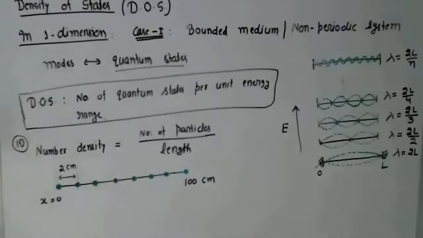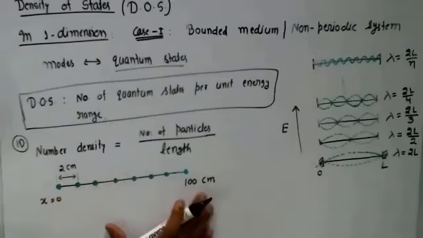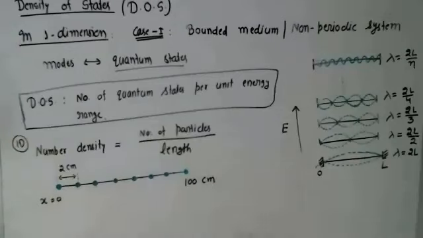I'm giving one analogy to understand. Write down the formula for the density of state. So if the bead separation is 2 centimeter and the length of the total string is 100 centimeter, can you tell me how many beads are there? 50 beads in total.